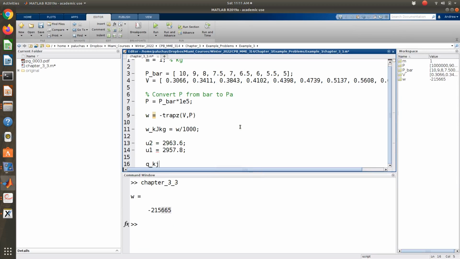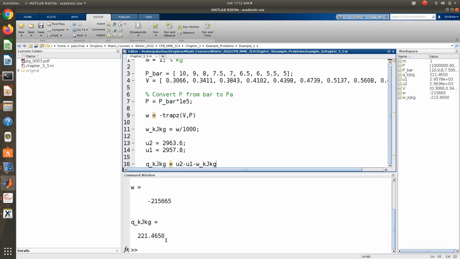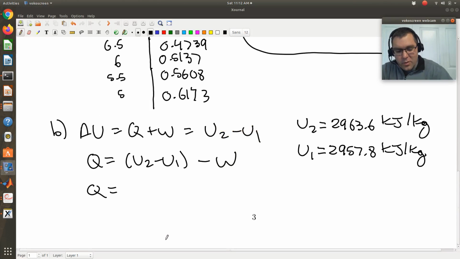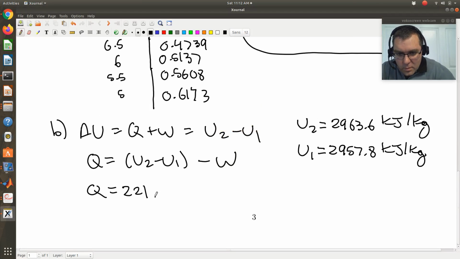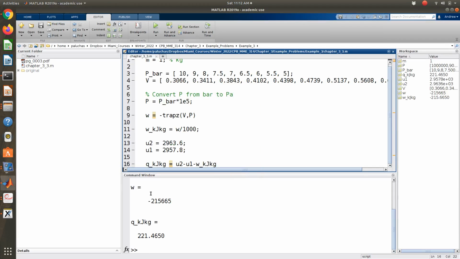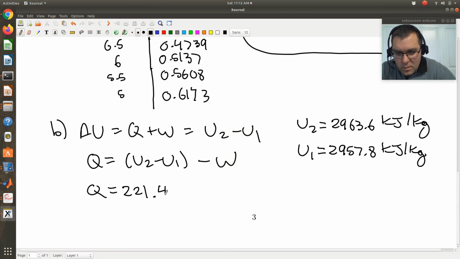So the Q, which is going to be in kilojoules per kilogram, will be equal to U2 minus U1 minus W, and I'm going to use the value in kilojoules per kilogram to get a Q in kilojoules per kilogram since my U's are in kilojoules per kilogram. All right, so Q then is a positive 221.4650 kilojoules per kilogram.